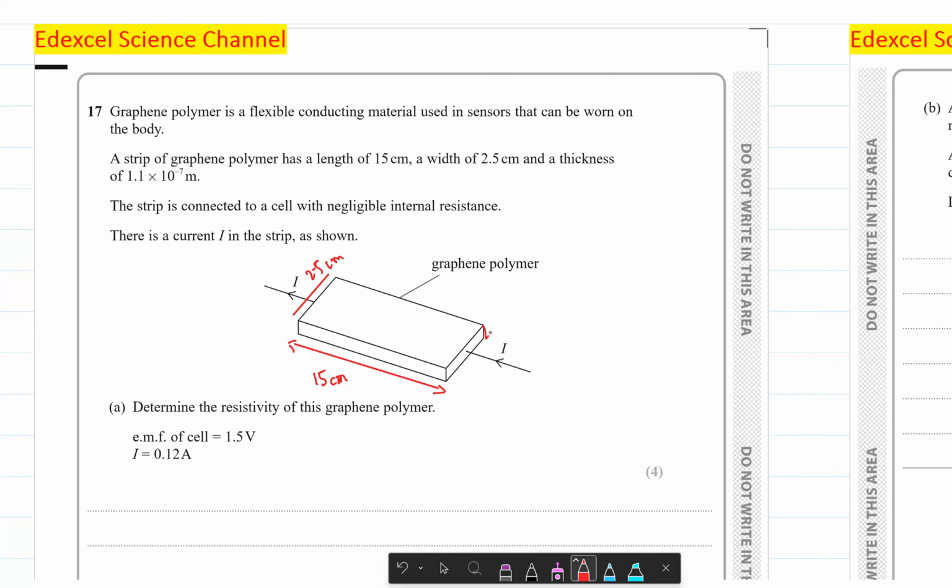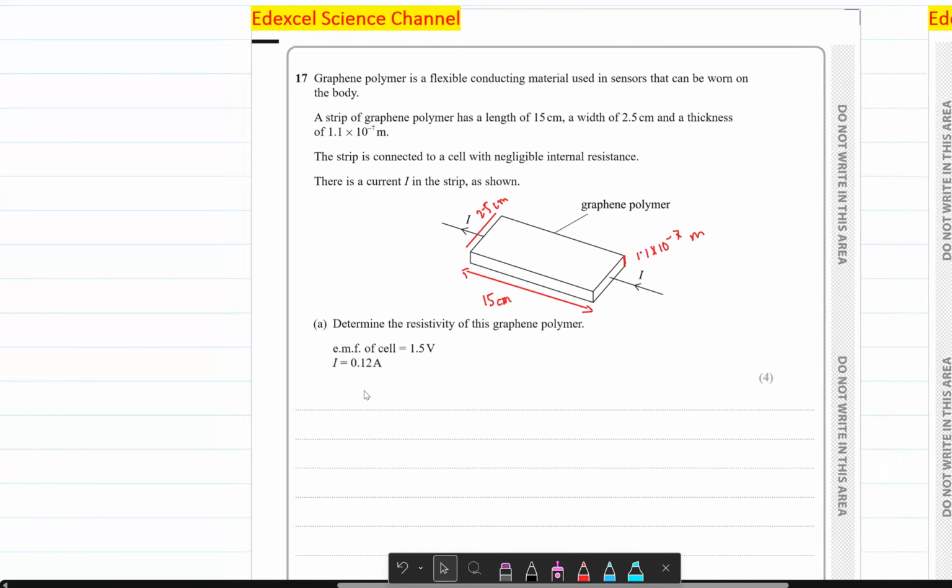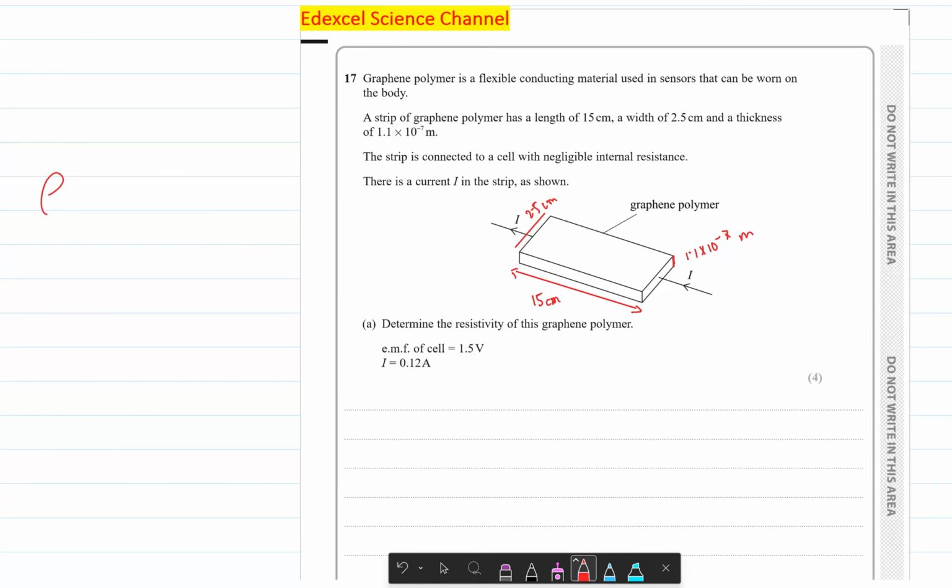And this thickness, guys, is 1.1 times 10 to the power minus 7 meters. Now we know that the formula for resistivity is RA divided by L, right?